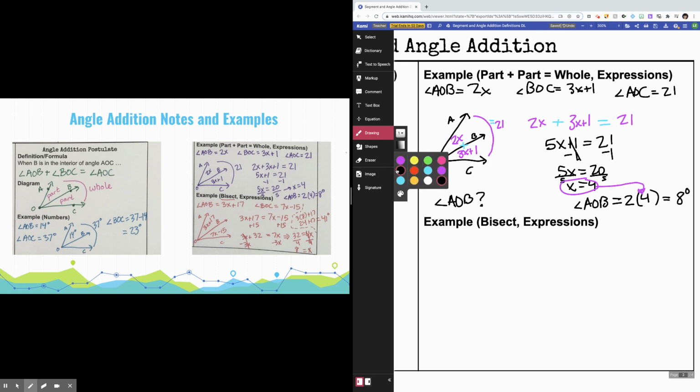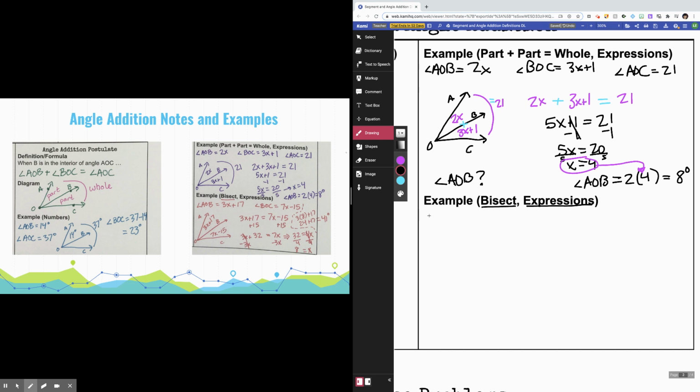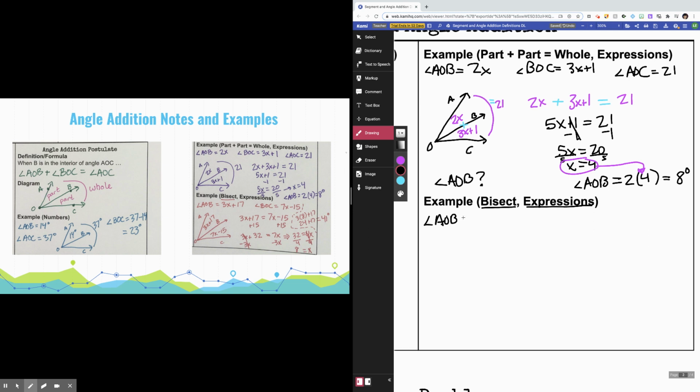All right. Okay, let's do one more example here where this is a bisector that deals with 2 different expressions, okay? So I'm telling you in this one that angle AOB is 3x plus 17, and angle BOC is equal to 7x minus 15.